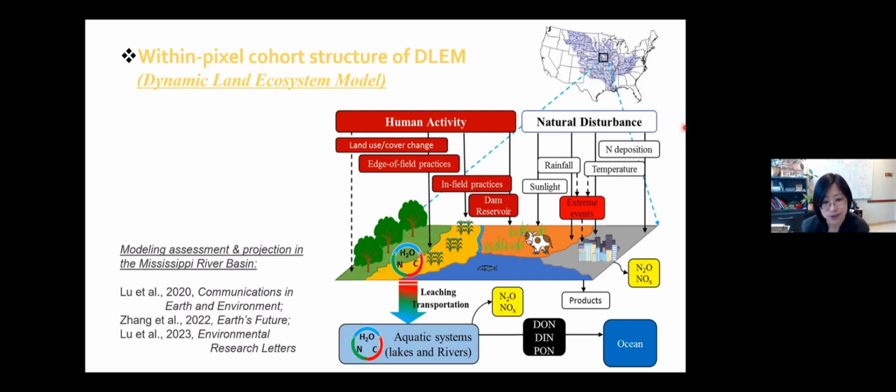Then we use this model to estimate how plants will grow each day with available resources such as heat, light, water, and nutrients. And then how much unused nitrogen in the soil, after a series of transformation processes, can be leached out and transported and delivered along the rivers all the way down to the Gulf.